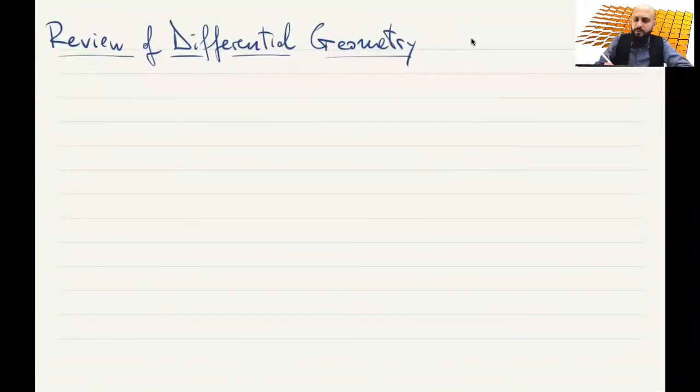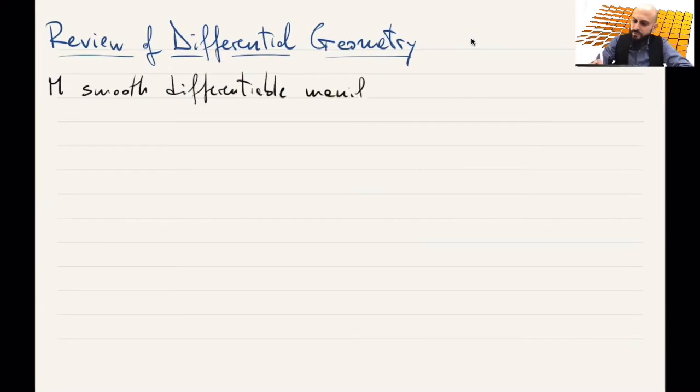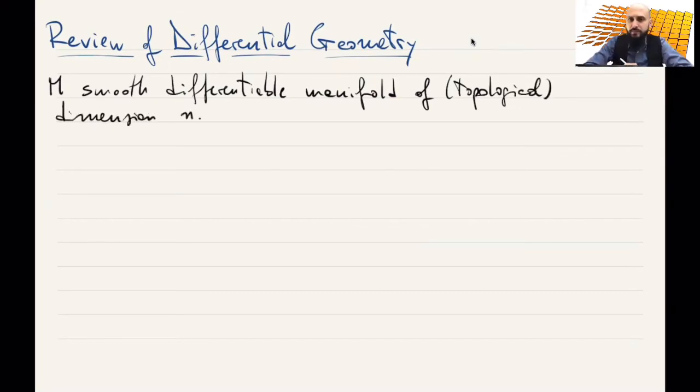In differential geometry, the objects of study are smooth differentiable manifolds. So let's fix one, call it M, and say that the topological dimension is N, so it is an N-manifold.